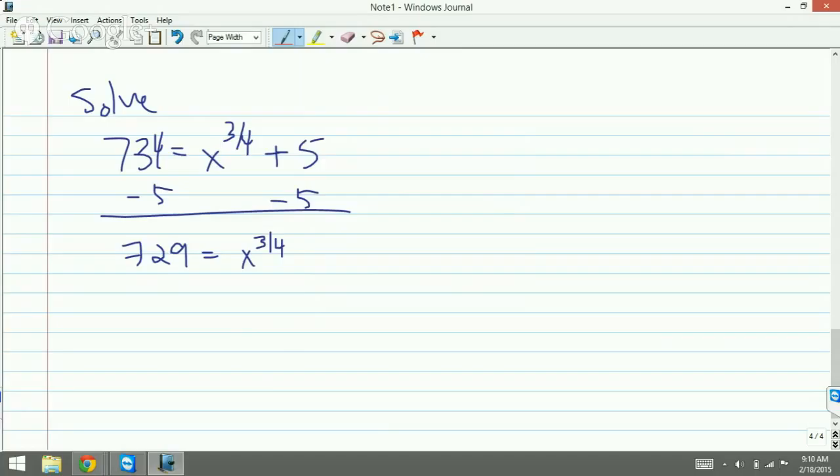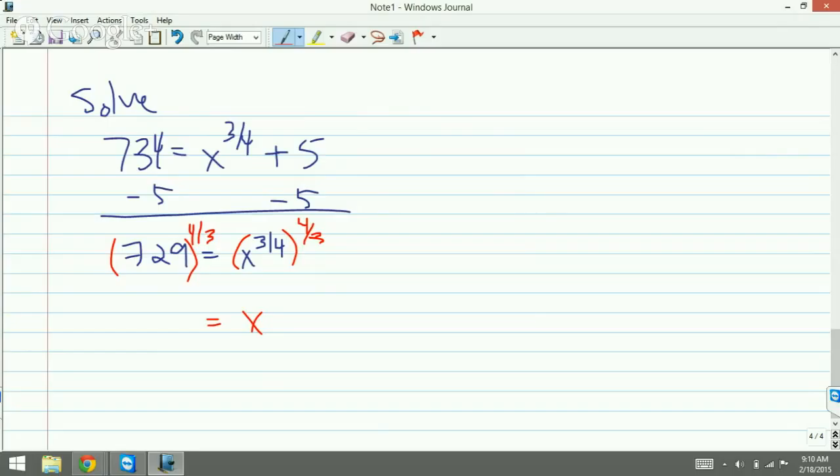You're thinking on the right line. How do I get rid of a cube root? Or a 4th root. This is a 4th root. How would I get rid of a 4th root? So I would have to go to the 4/3 power. Because if you multiply those, you get 1, right? Do you agree? You better. Hopefully you understand that. Okay, 3/4 times 4/3 is 1.